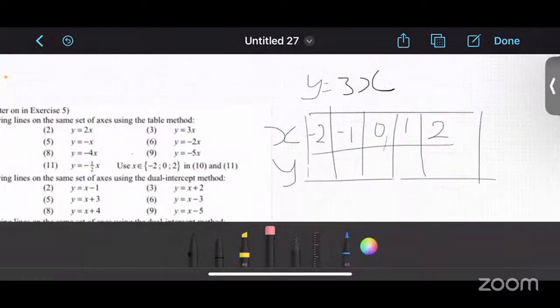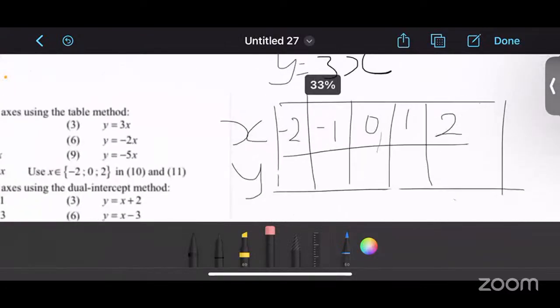Next thing you'll write, ma'am, is y equals -2 bracket -2 close bracket. Then the answer will be 4 for y.